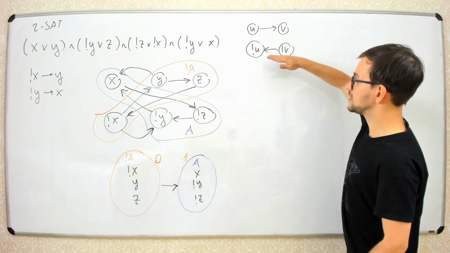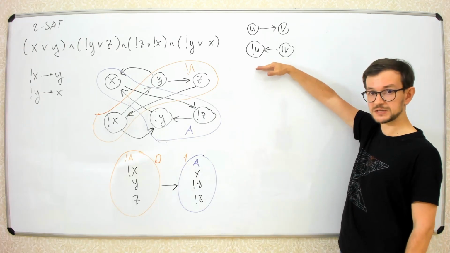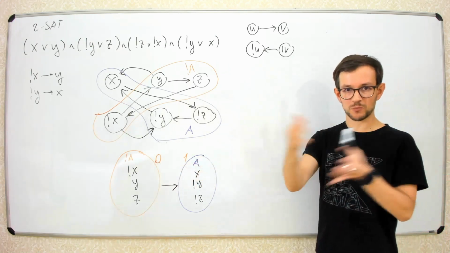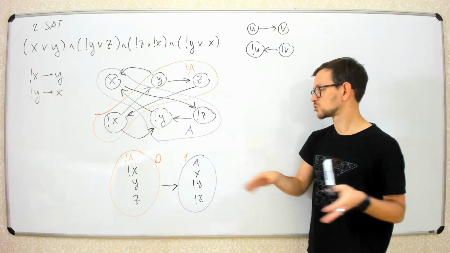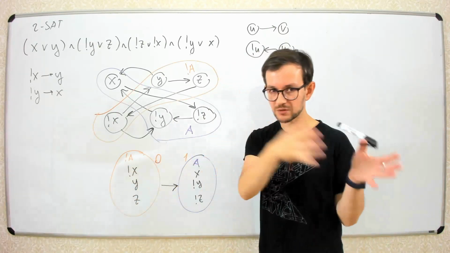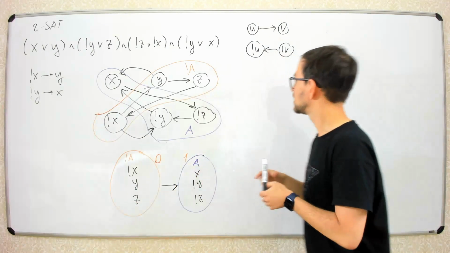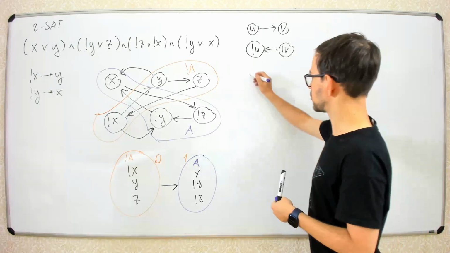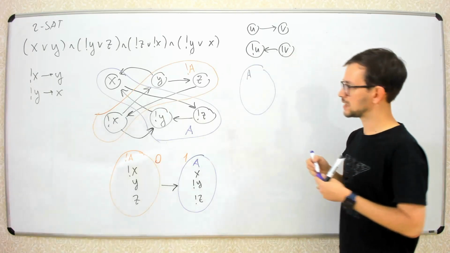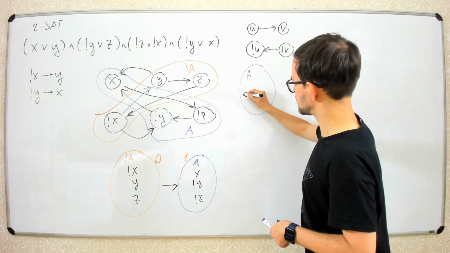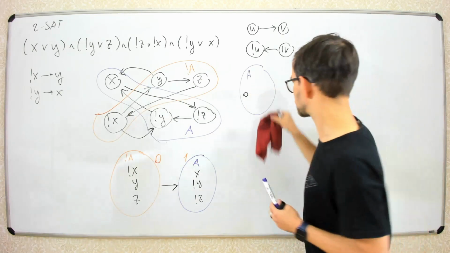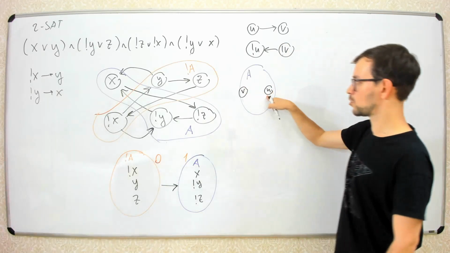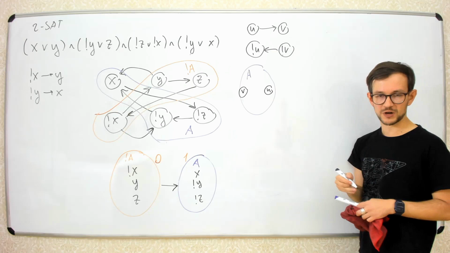So I claim if my graph is skew symmetric like this, then all the strongly connected components will also come as pairs. Let's prove this. So you have some strongly connected component A. In this component, you have two nodes, let's say V and U, which belong to the same strongly connected component.